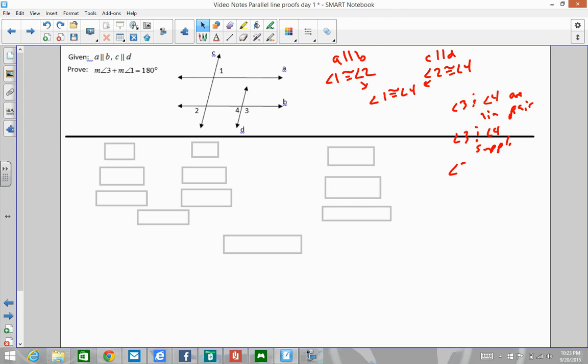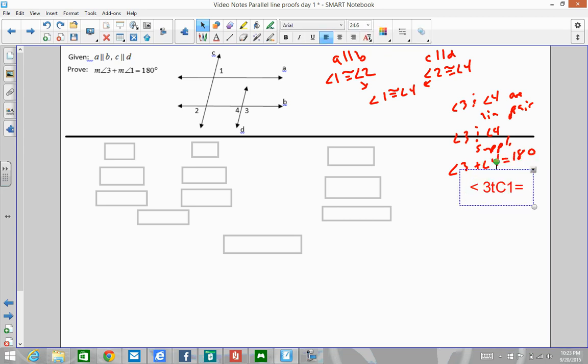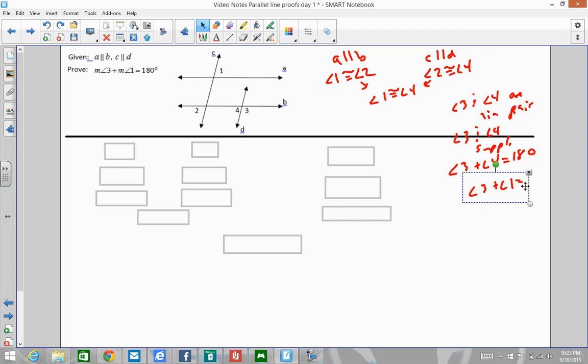And so then I know angle 3 plus angle 4 equals 180. Now, that's important. I've got the 3 and the 4 equal 180. Well, if I look up here, I got 1 and 4 are congruent, so couldn't I take out the 4 and replace it with 1? And so angle 3 plus angle 1 equals 180. And so that's what I'm trying to prove. And so I know I've got some substitutions going into here, and so let's get into that proof.